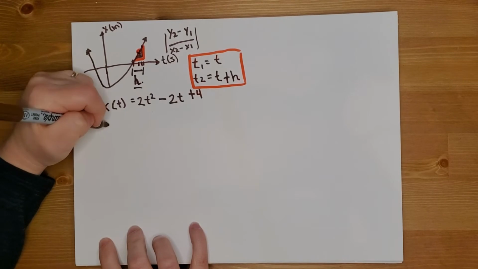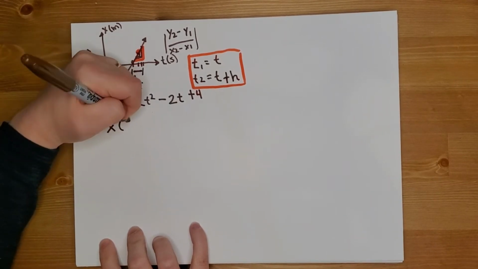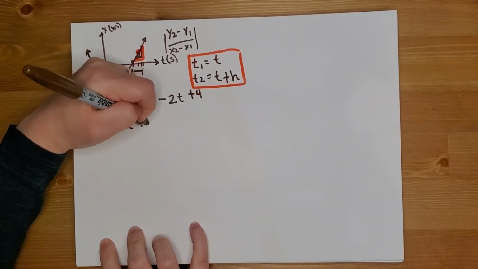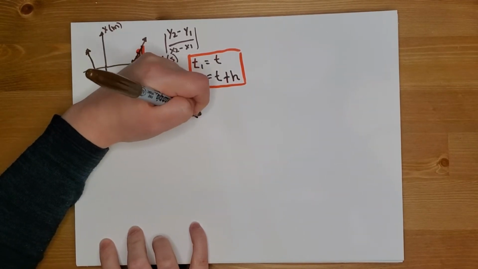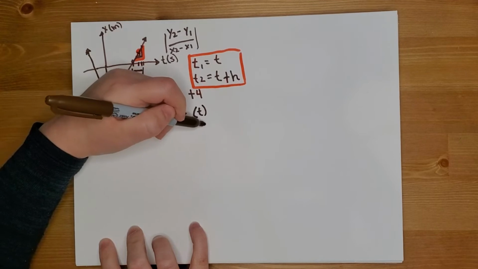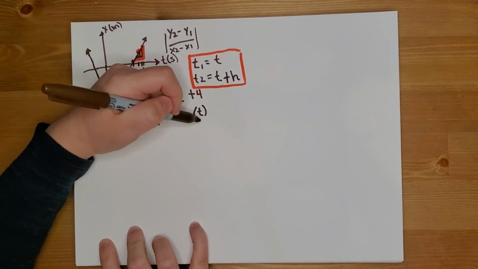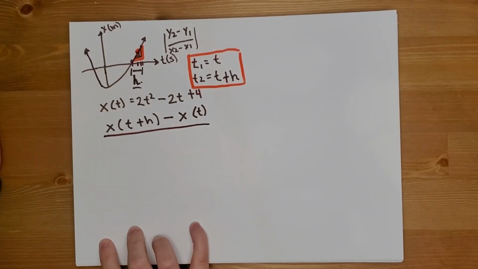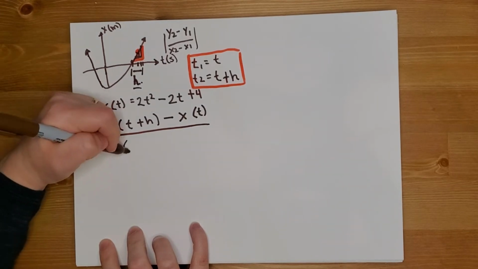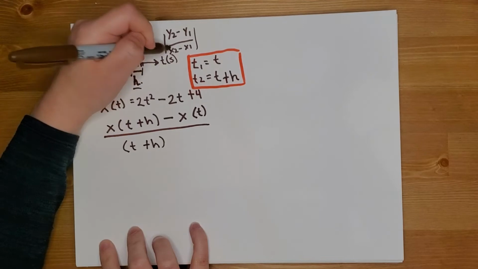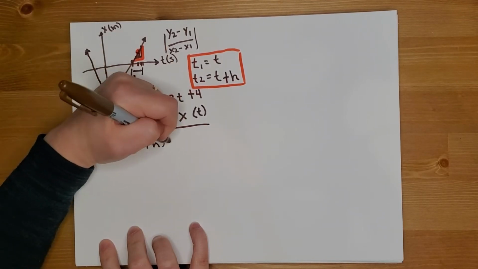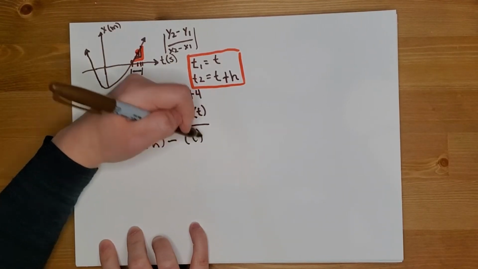So now let's start. That means that we have x of t plus h minus x of t, which is my top part of the slope, over t plus h, which is my t2, minus t, which is t1.